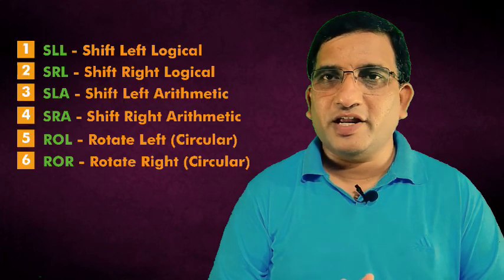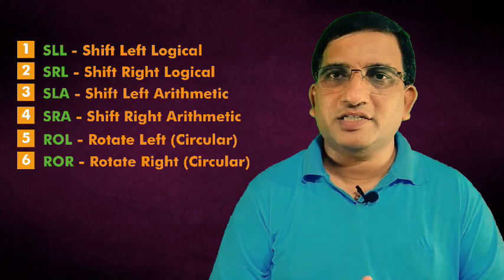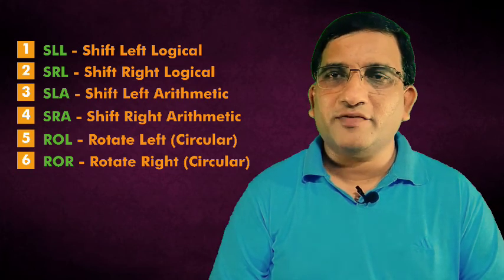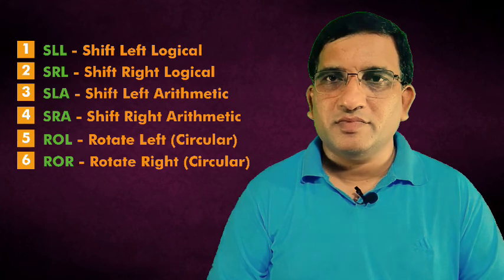So in this way, data shifting and data rotating to the left or right is performed by using these operators. Hope you have understood the difference between the various operators: shift left logical, shift right logical, shift left arithmetic, shift right arithmetic, ROL rotate left and ROR rotate right.